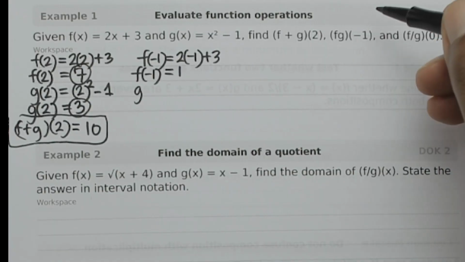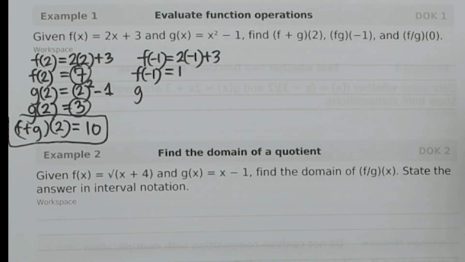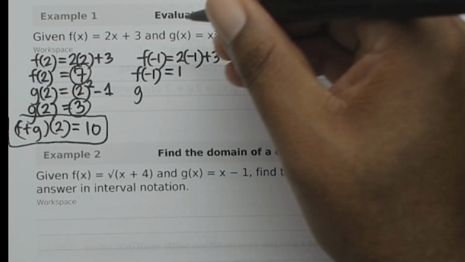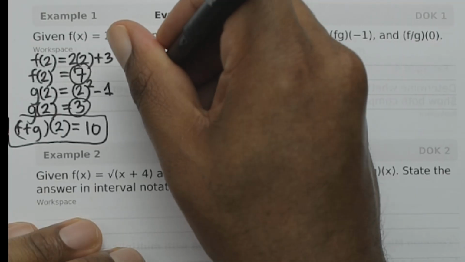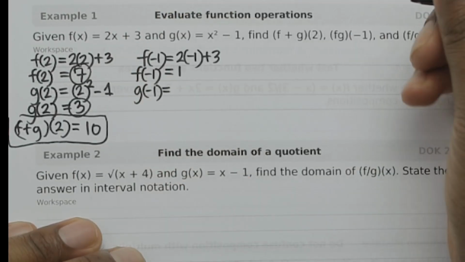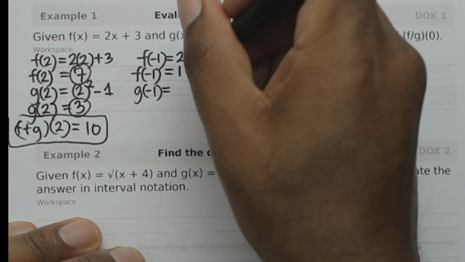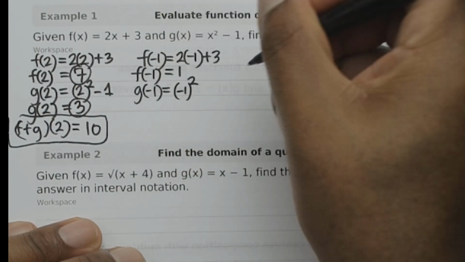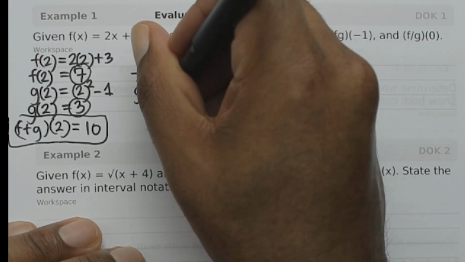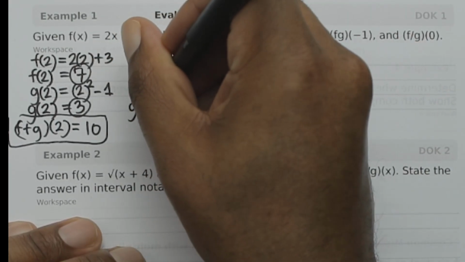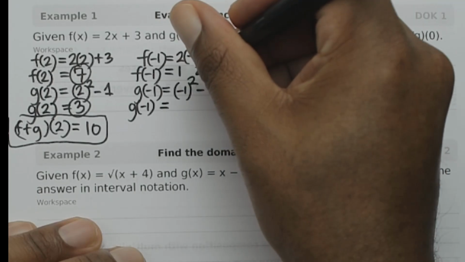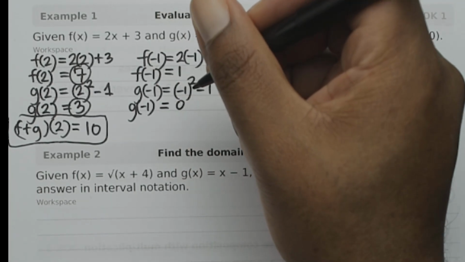As a matter of fact, I should have done g first. g of -1 is going to be (-1) squared minus 1, which is 1 minus 1, which is 0.